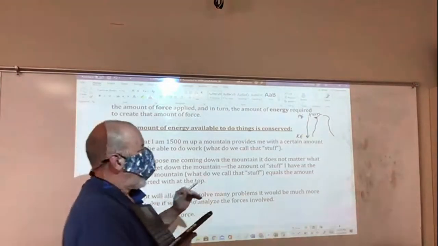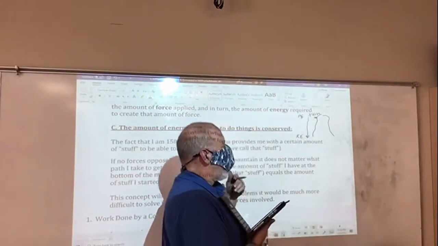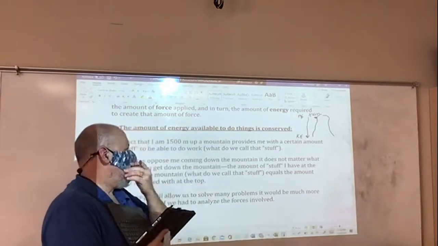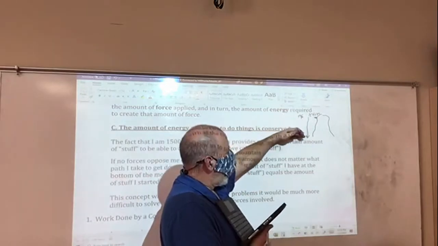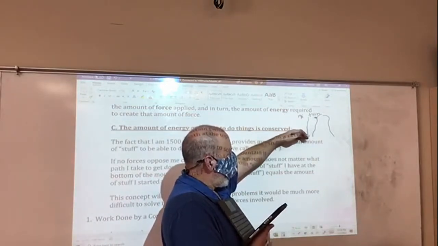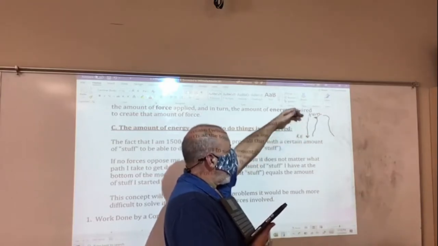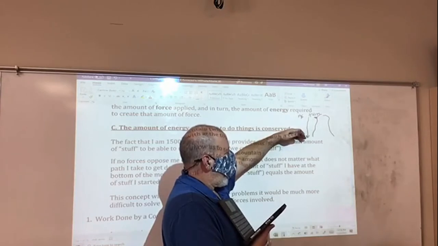Okay, so we're going to see that this conservation of energy allows us to provide yet another way to solve a bunch of problems. So if I know I have this much energy here, I've got the same amount of energy when I hit the ground down here. However many joules of potential energy is now the same number of joules of kinetic energy at the bottom.